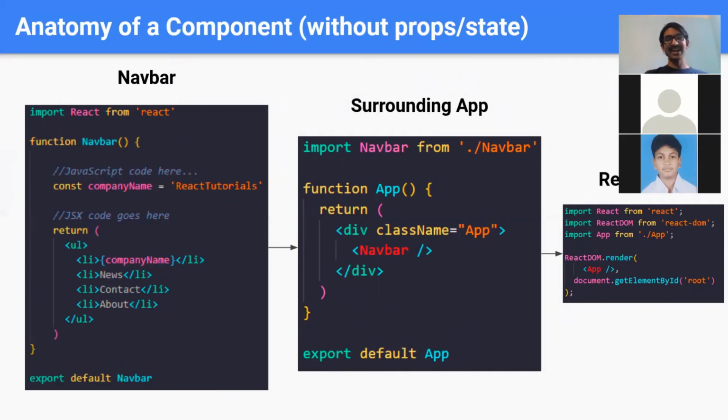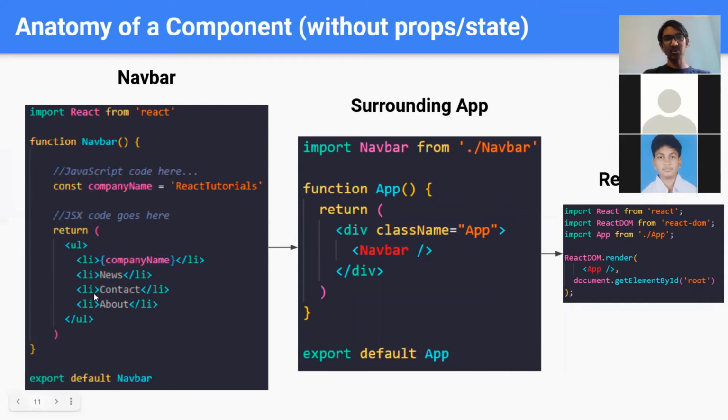So let's take a look at a nav bar. A nav bar is the little thing on top of a website that lets you navigate between the different parts of the website. And it's essentially a list. This is a really rudimentary nav bar, but what you have here is your JavaScript code here and your JSX code below it. Essentially it's a function that returns HTML elements.